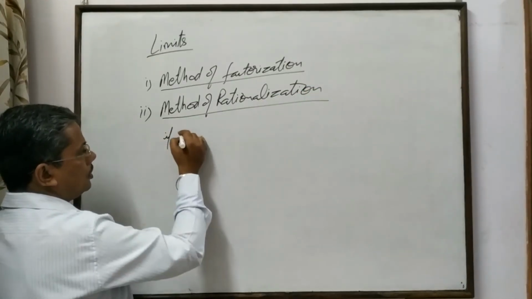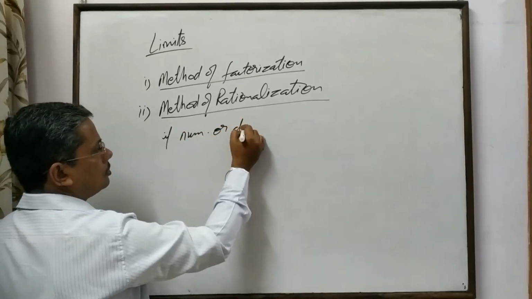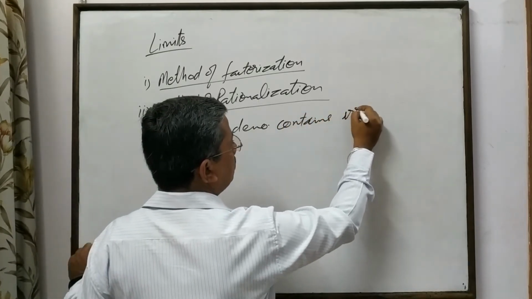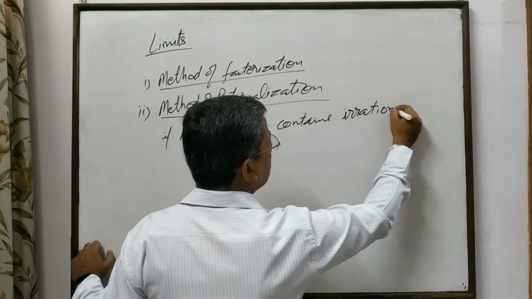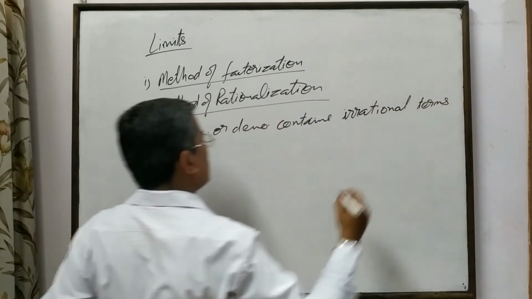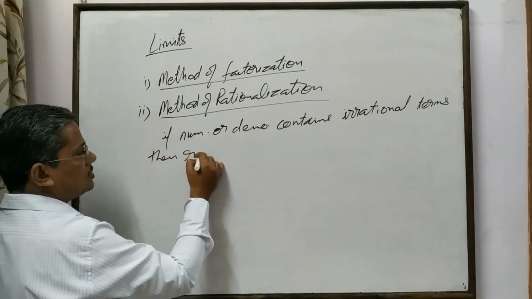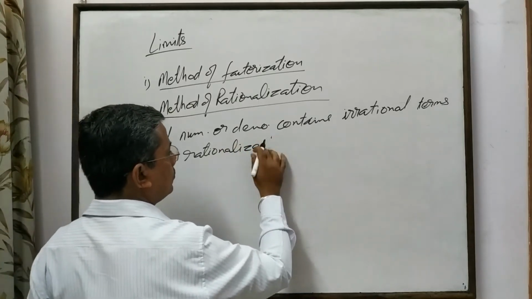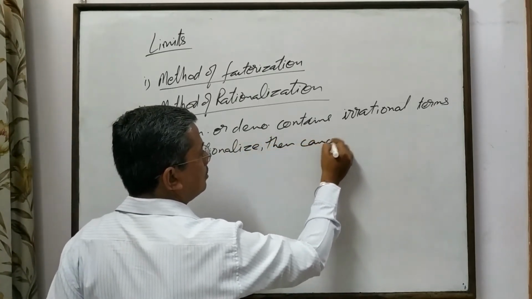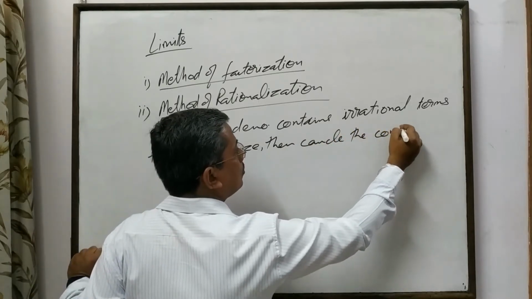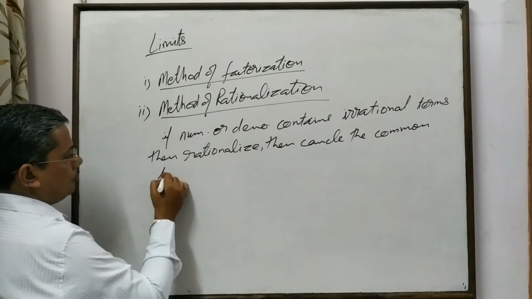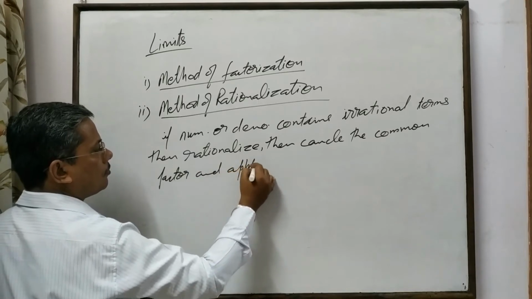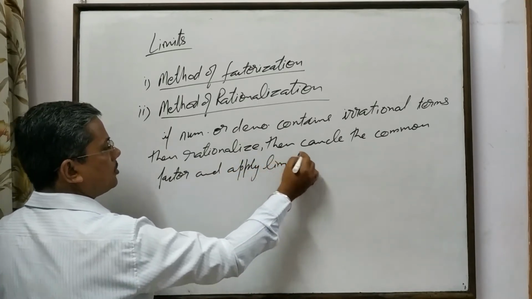If numerator or denominator contains irrational factors, irrational terms, then rationalize, then cancel the common factor and apply limits. So this is your second method.